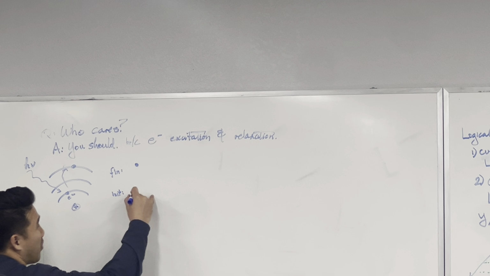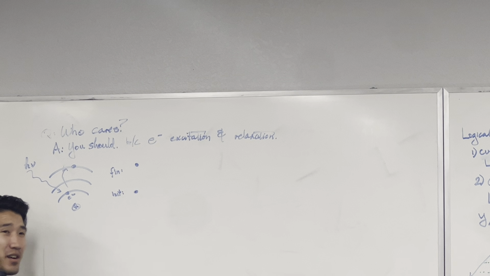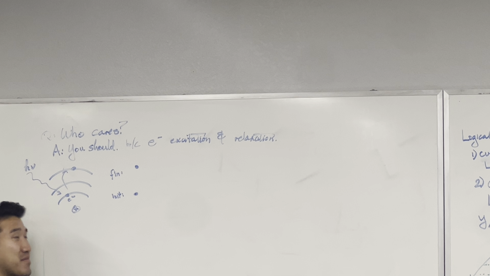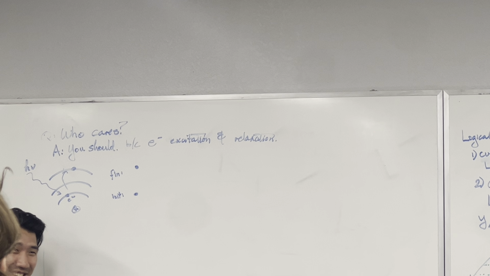Because this is an electron, when the electron is here, what do the electric field lines look like? It's just an electron. They still point towards the electron. All right, they all point towards you.